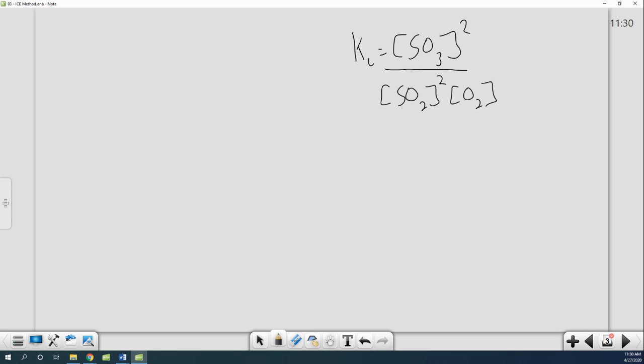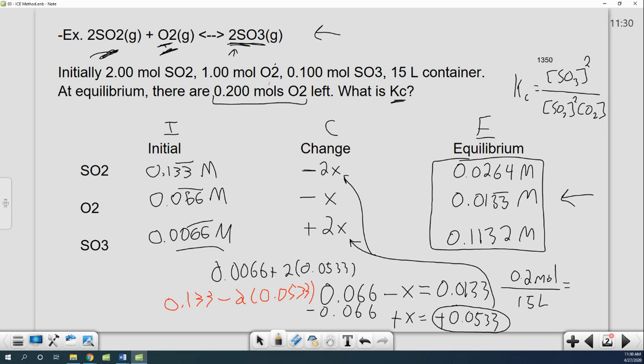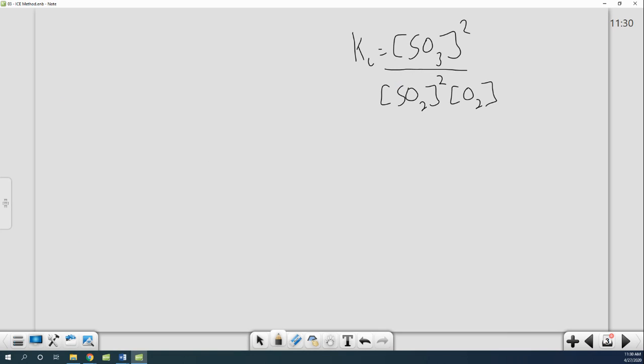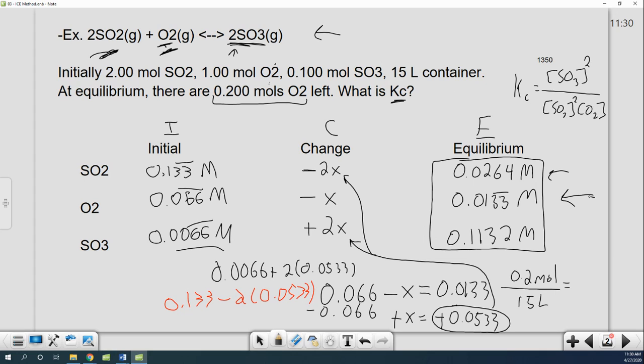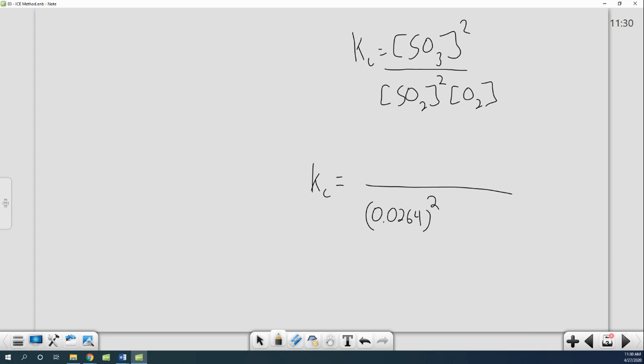All right. Plug in what I know. I know SO2 is 0.0264. I know O2 is 0.0133, and it's not squared.